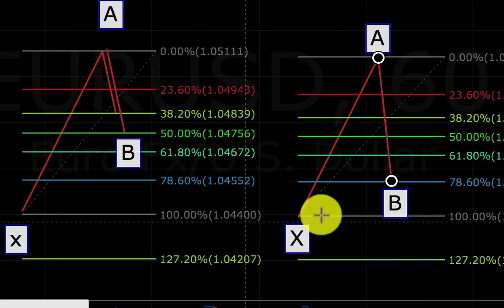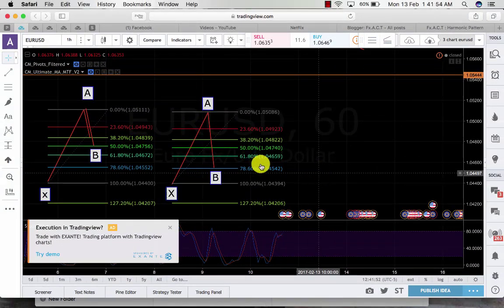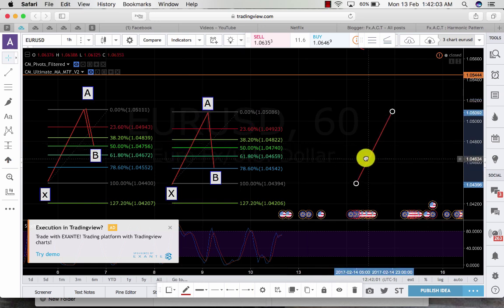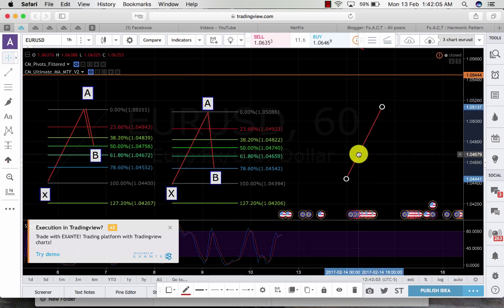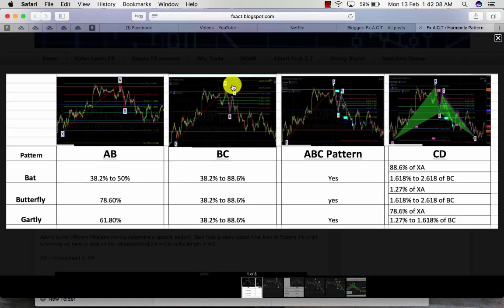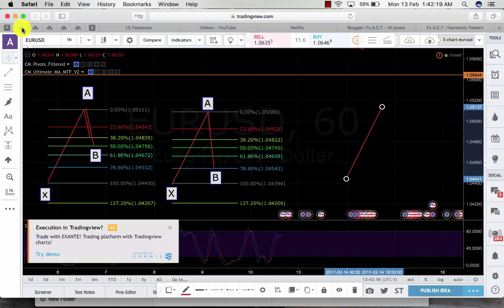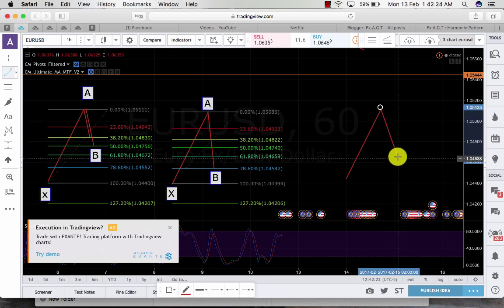Now let's go for Gartley. Gartley will be 61.80% retracement. That's the AB of XA. So the Gartley will be this one.